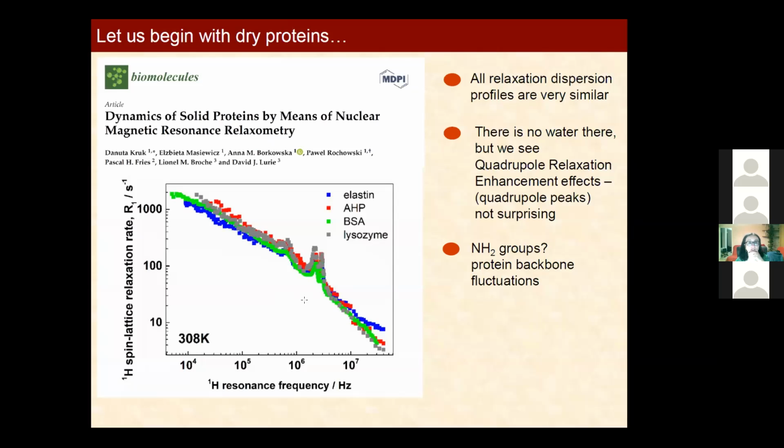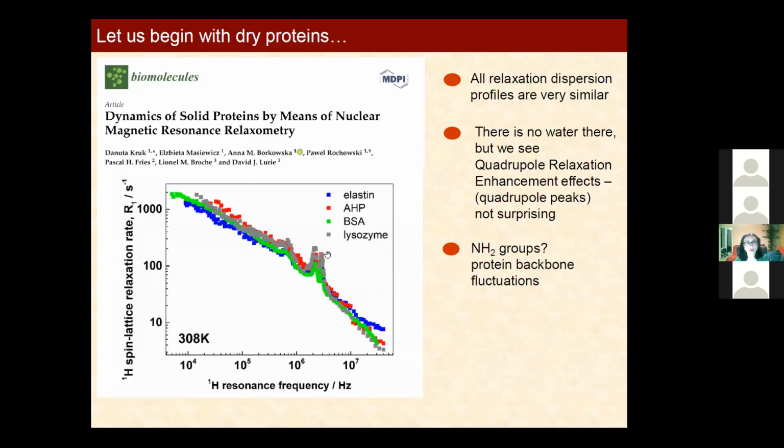So there is a concept that there is a slow exchange of water molecules, which is responsible for creating those peaks, which actually cannot be the case here because we do not have water. So it's obvious that those quadrupolar peaks stem from protons of the proteins.